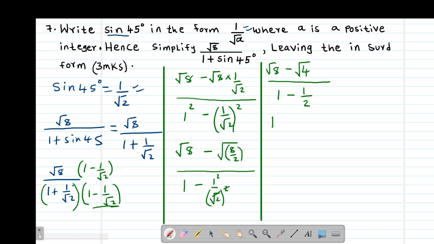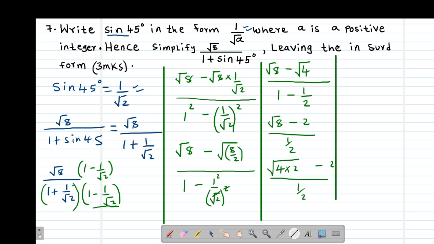Then we are going to get the root of 8 minus the square root of 4, which is a positive 2, then divided by 1 minus a half, which gives a half. But 8 can be expressed as 4 multiplied by 2, so this is the same as root 4 root 2, then minus 2, then the whole thing divided by a half.